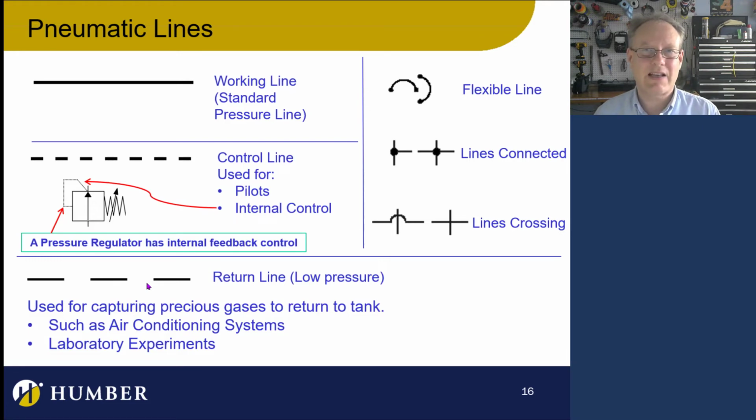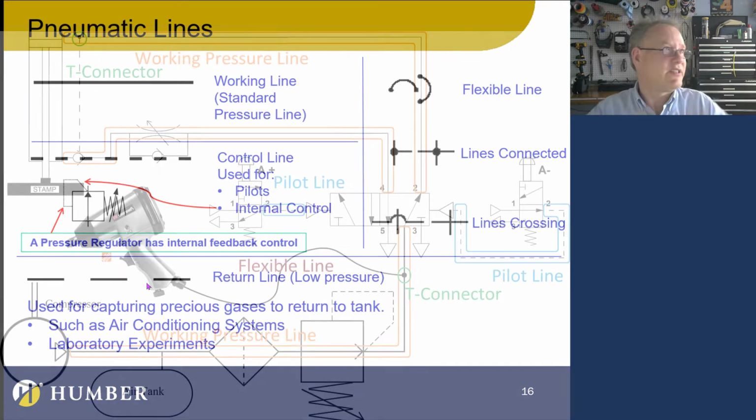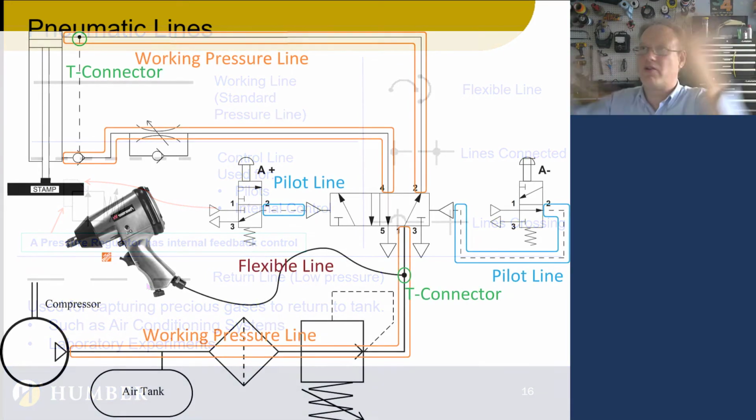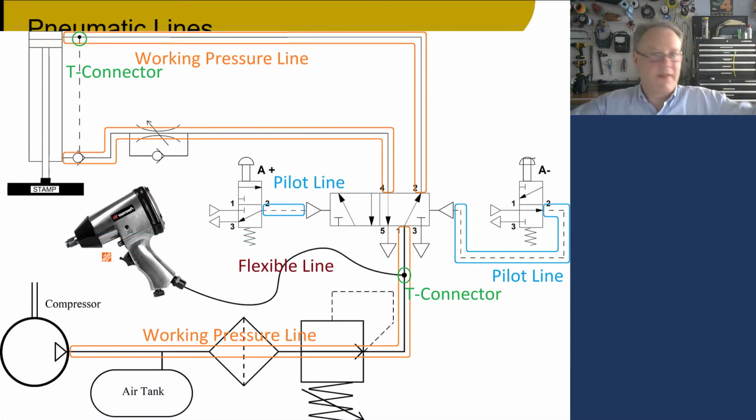Now, in pneumatics, we don't really have low pressure return lines because the return line is just the atmosphere. We just blow air out of the exhaust, and then the compressor sucks it back in again. But essentially, that's kind of a loop, right? Well, if we were dealing with some precious gases that we paid a lot of money for, in a scientific situation or a chemical process, and we wanted to collect those gases to recompress them or reuse them in our pneumatic system, we would actually have a return line going back into a tank.